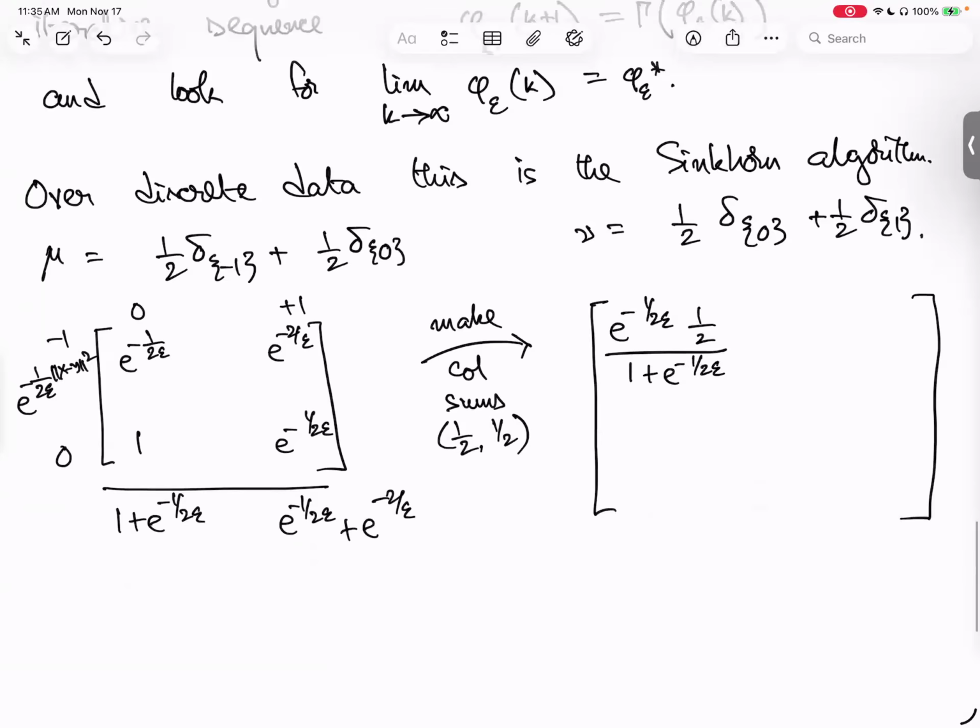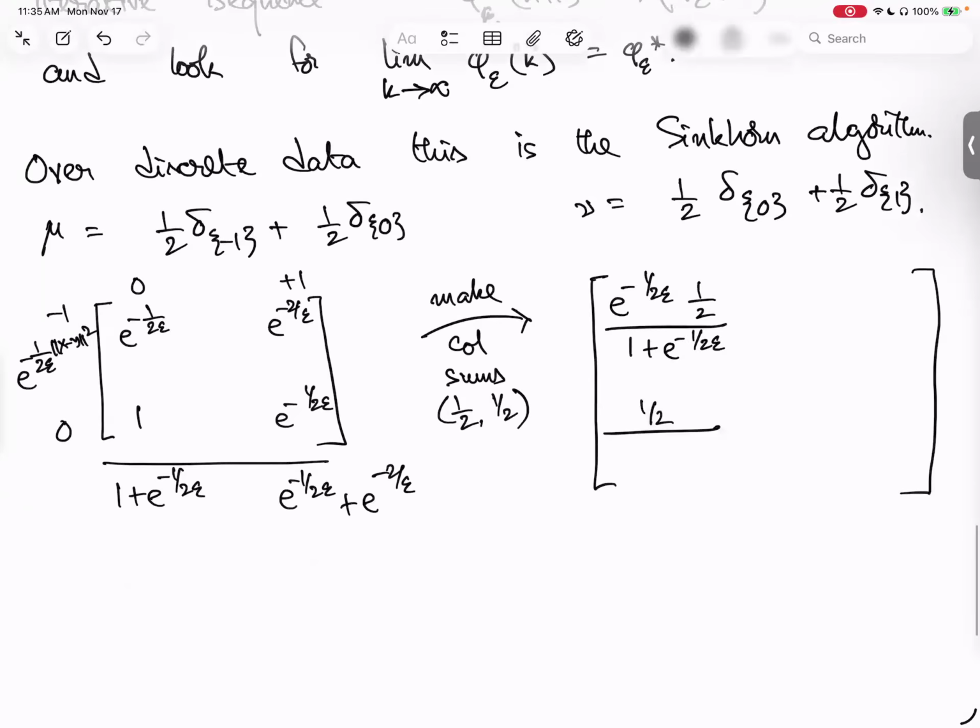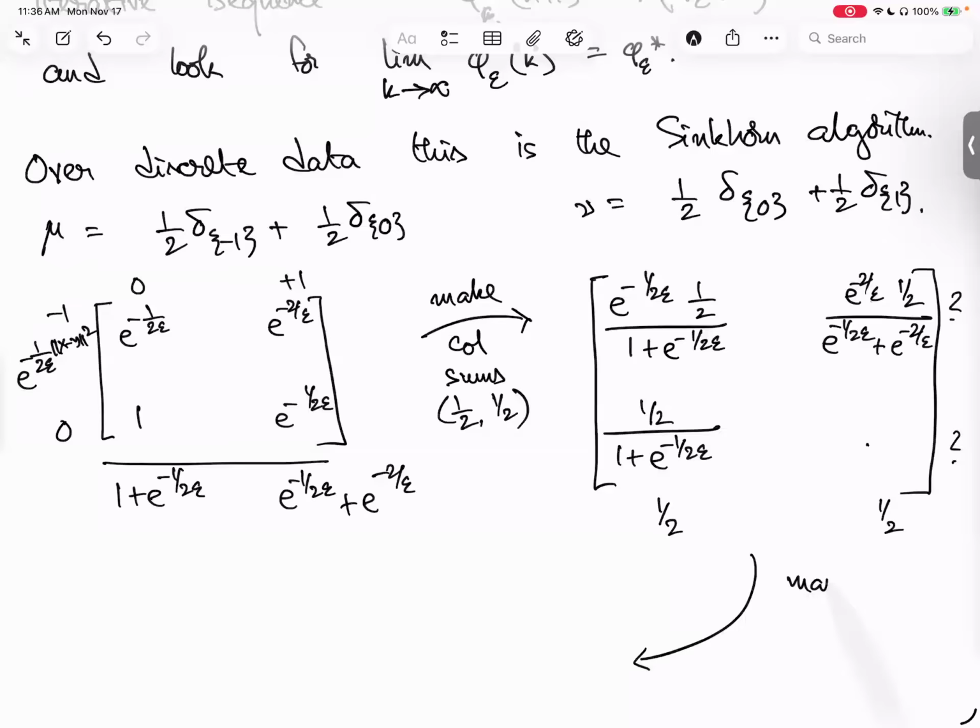Same thing here. Over here, this would be e to the power -2 over epsilon times one half divided by e to the power -1/2 epsilon plus e to the power -2 over epsilon, and so on. What I have done now is that I have gotten 1/2 and 1/2 as my column sums. My row sums are something else, but they're not 1/2, 1/2. In the next step, I will make the row sums 1/2, 1/2.